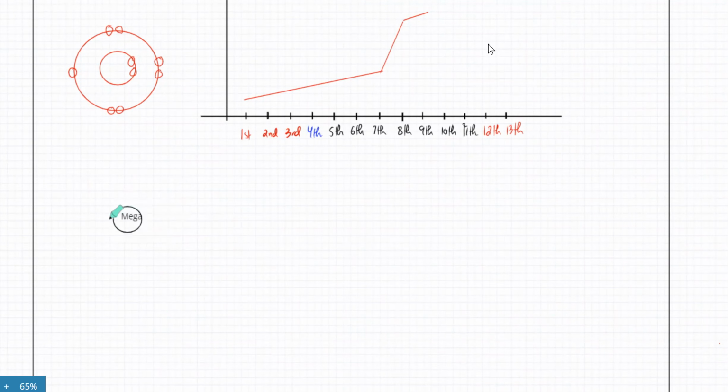So there's one shell. Okay, so let's say that's your shell. There's another one, and then there's a third one. So let me just rearrange these shells. So this one, and we've got this third one.